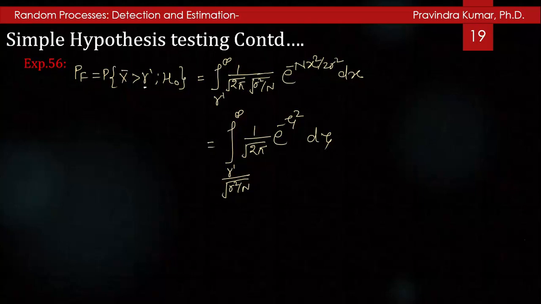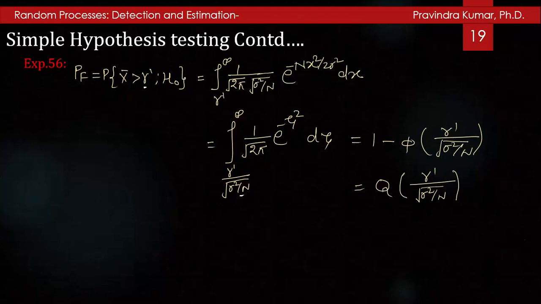And root sigma square by n to infinity, 1 upon under root 2 pi, e to the power minus xi square d xi. From the definition I can write it as 1 minus phi of gamma dash upon under root sigma square by n.